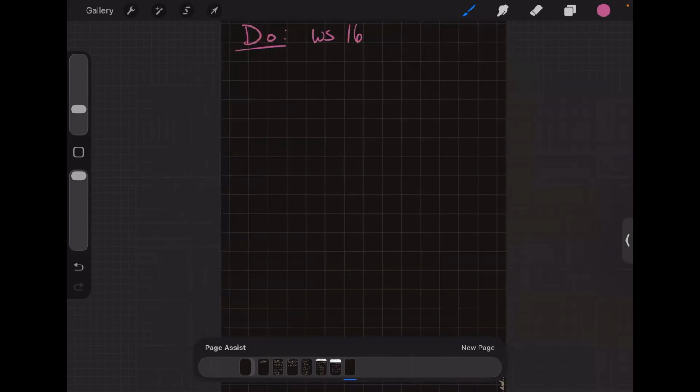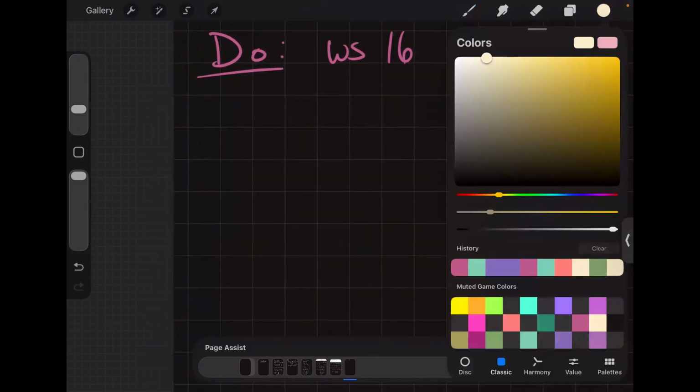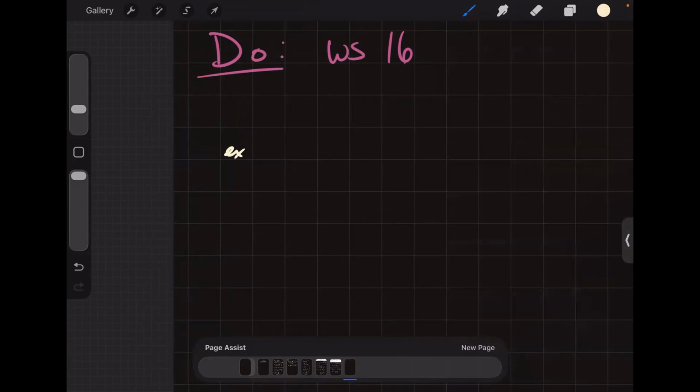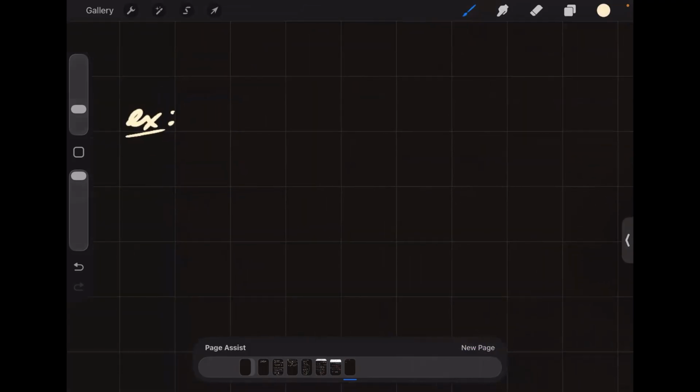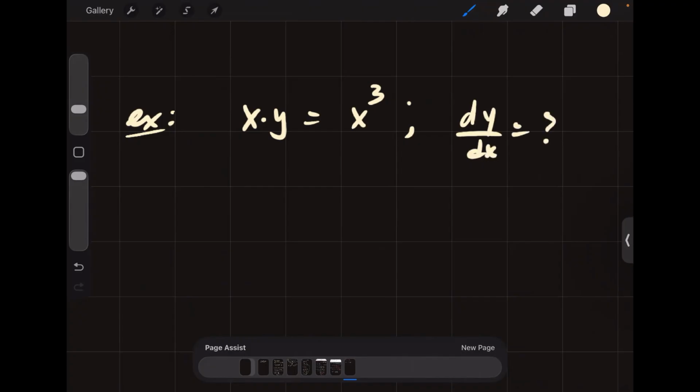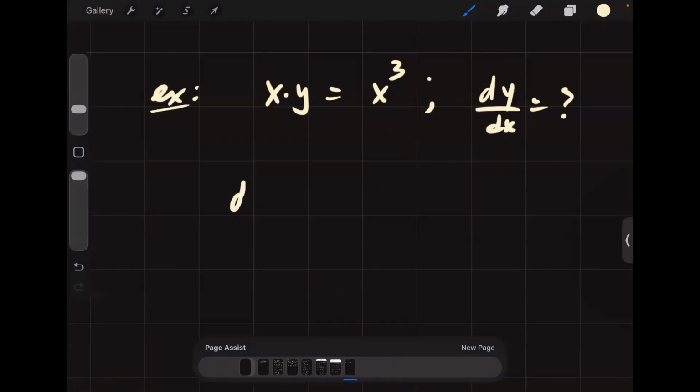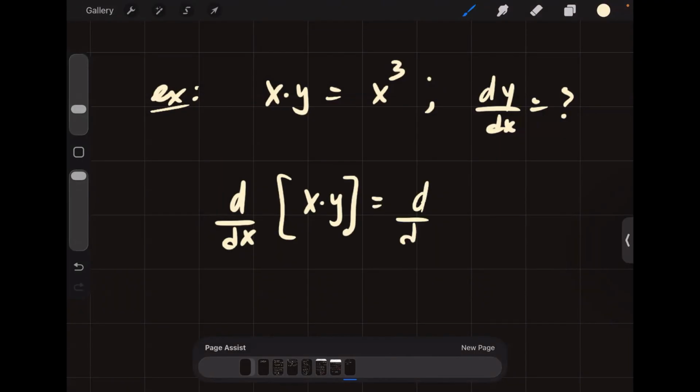Oh, and I guess a side note is, let's say you have a multivariable situation, right? If you have x times y is equal to x cubed, and I want dy/dx, right? You're gonna take d/dx of both sides. You want that on the bottom, right? d/dx of x times y is equal to d/dx of x cubed.